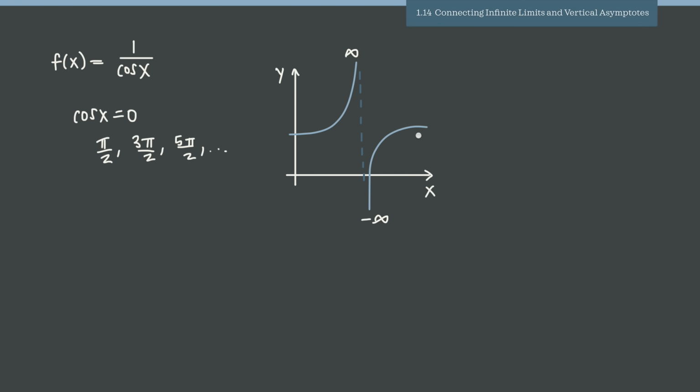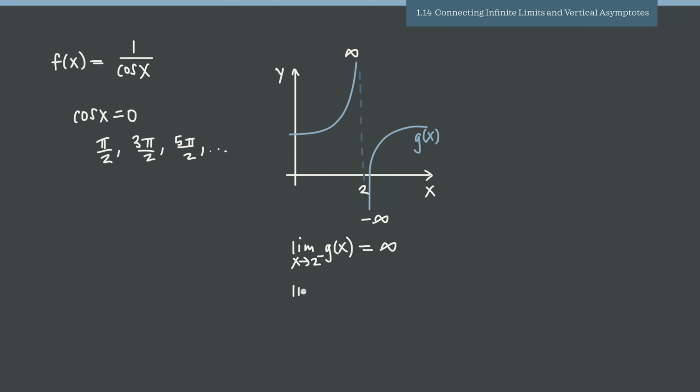So if we call this here the function g of x, just so that we're not confusing it here with the f of x that we wrote, then basically what we're saying here, let's call the value at the asymptote here x equals 2. What we're saying is that the limit as x approaches 2 of g of x from the negative side, or from the left-hand side, is positive infinity.